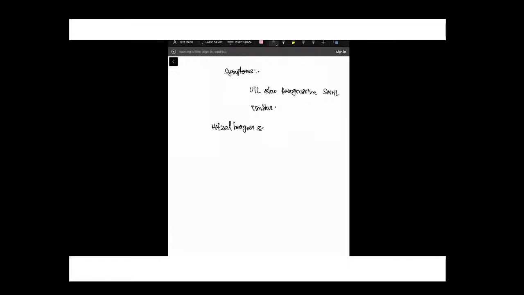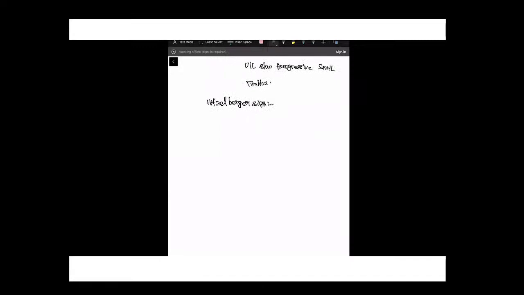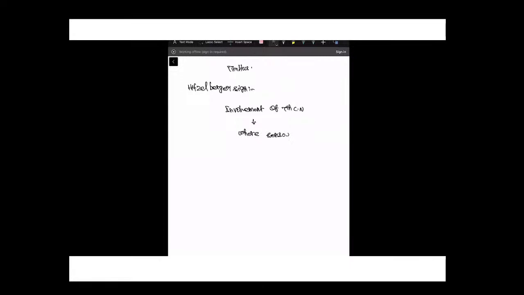Hitselberger sign is involvement of the seventh cranial nerve, where the sensory supply to the posterosuperior wall of the external auditory canal is lost.